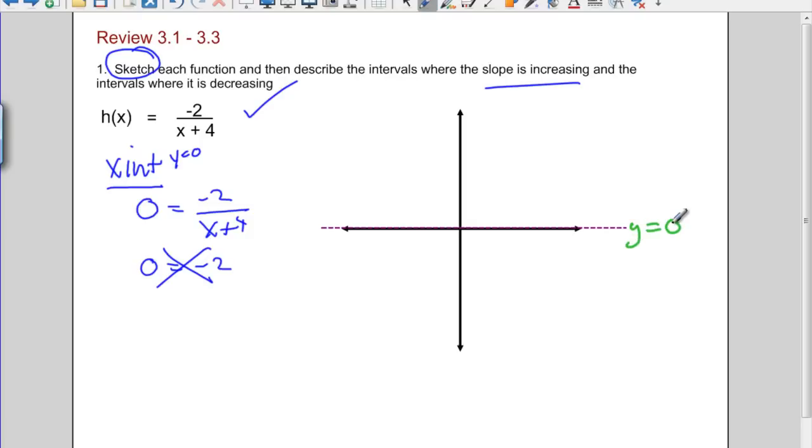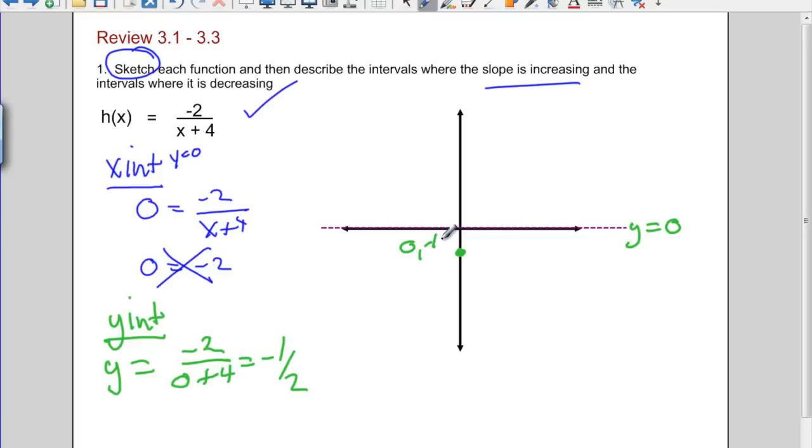The next thing to look for is the y-intercept, and that we find by setting x to be 0. So y is equal to negative 2 over 0 plus 4, and we see that this simplifies to become negative 1 over 2. So we can place that at (0, negative 1 over 2).